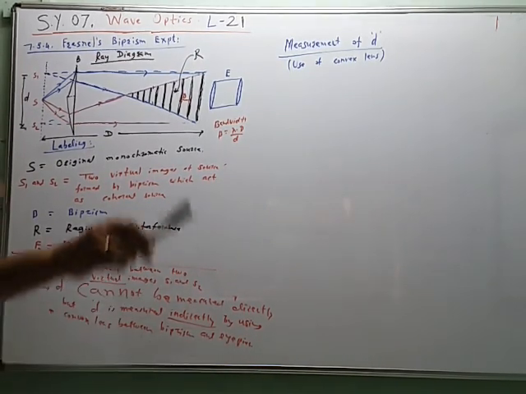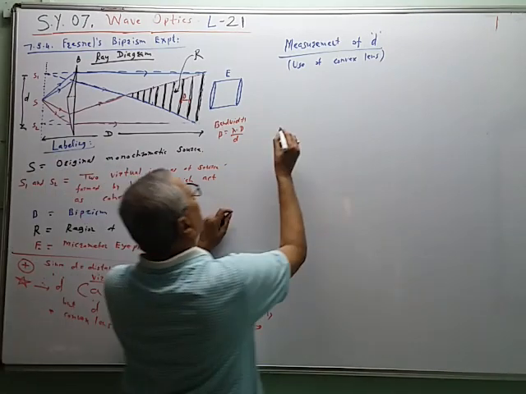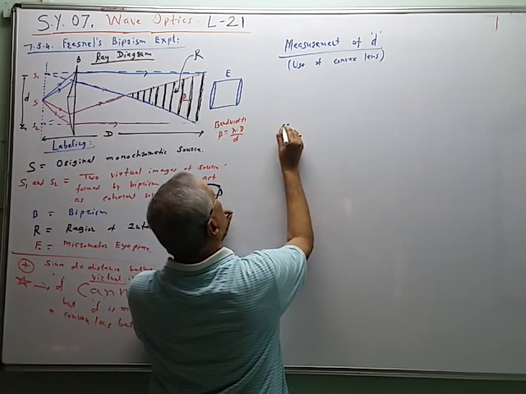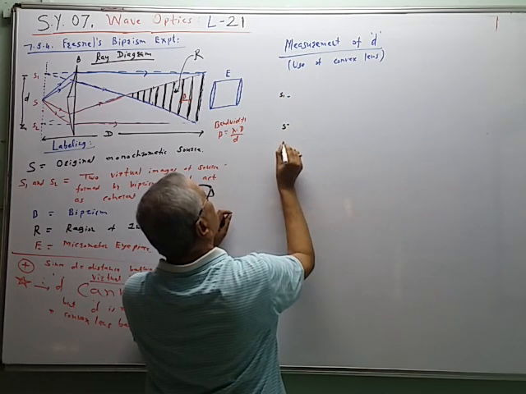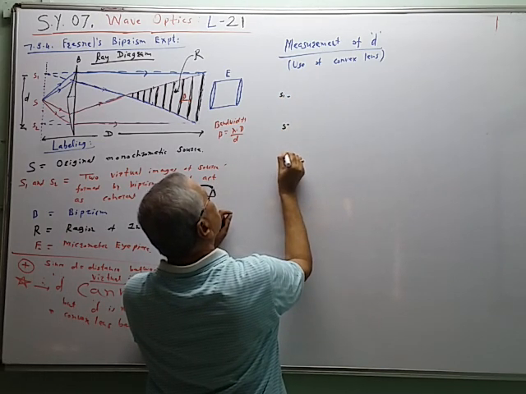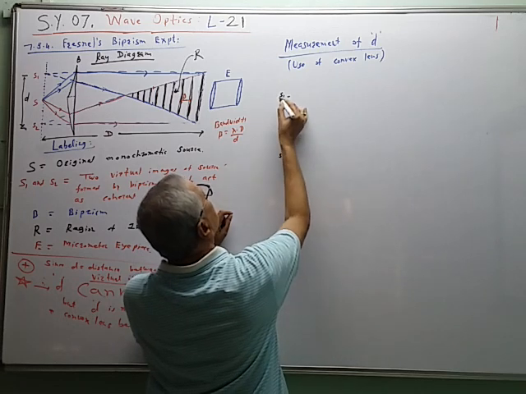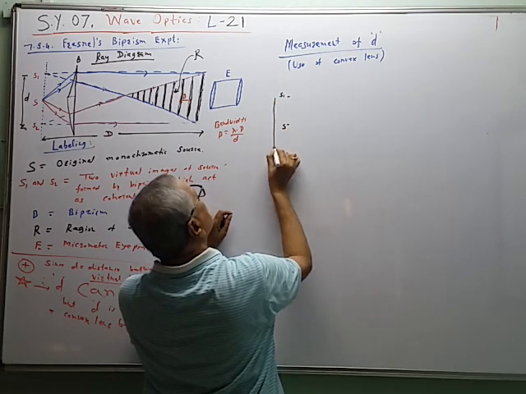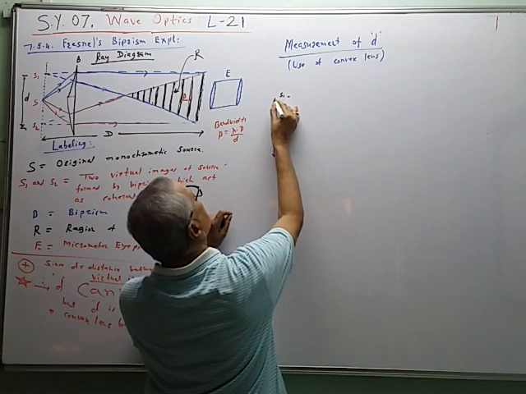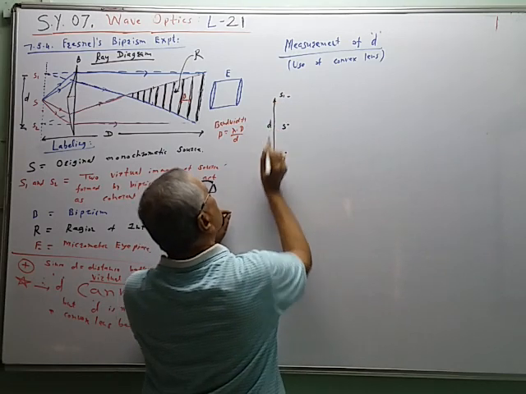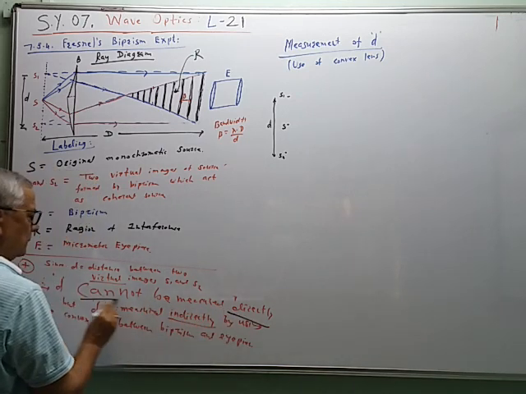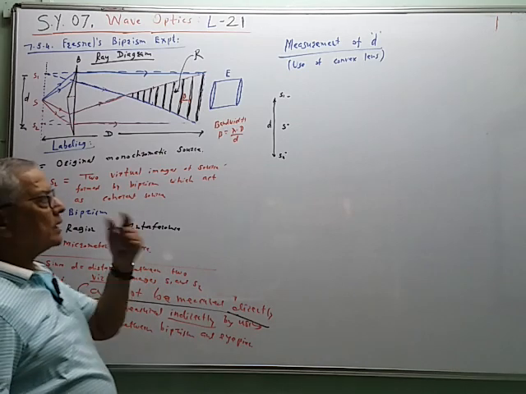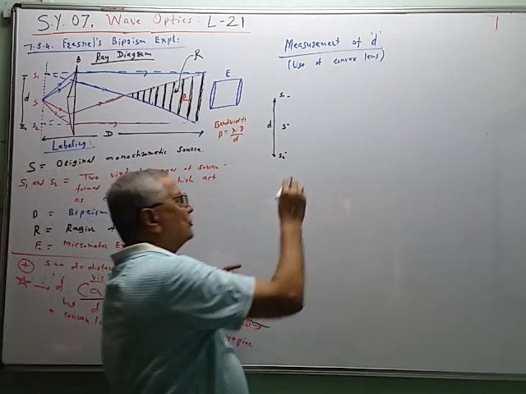So in this figure, this is the slit S. This is one virtual image S1. This is another virtual image S2. So this is our required distance. We have to measure d. It is the distance between the two virtual images, therefore it cannot be measured directly. Therefore, for indirect measurement, we are using the convex lens.